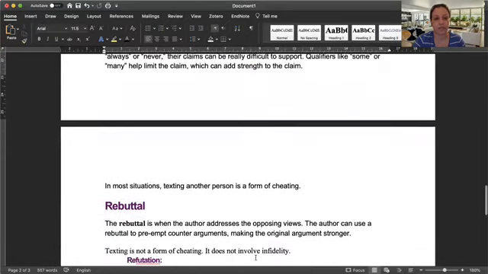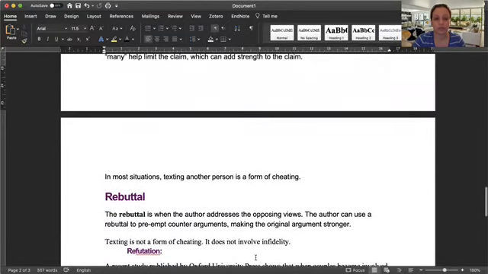The rebuttal, which is the final part of Toulmin's model argument, is when the author addresses the opposing views. This is a very important part because if you do not acknowledge that there is an opposing view, you're basically weakening your claim rather than strengthening it.